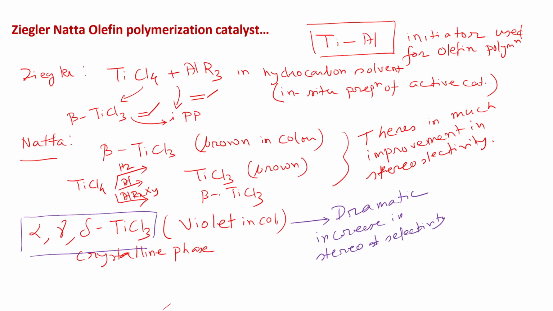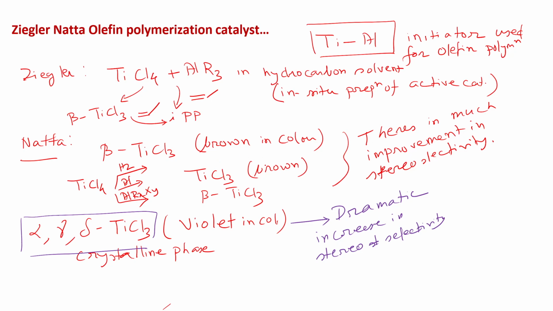So beta TiCl3 is actually brown in color, and Natta actually used this particular beta TiCl3, and Ziegler used TiCl4. So there is a difference.